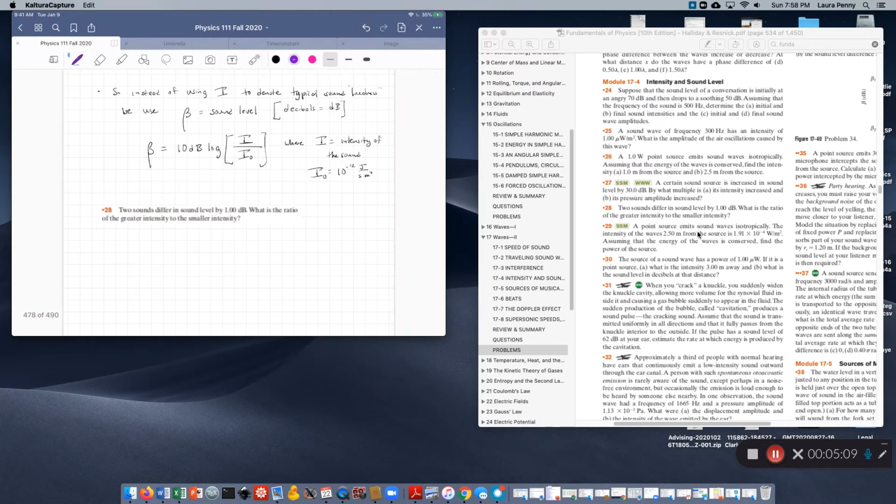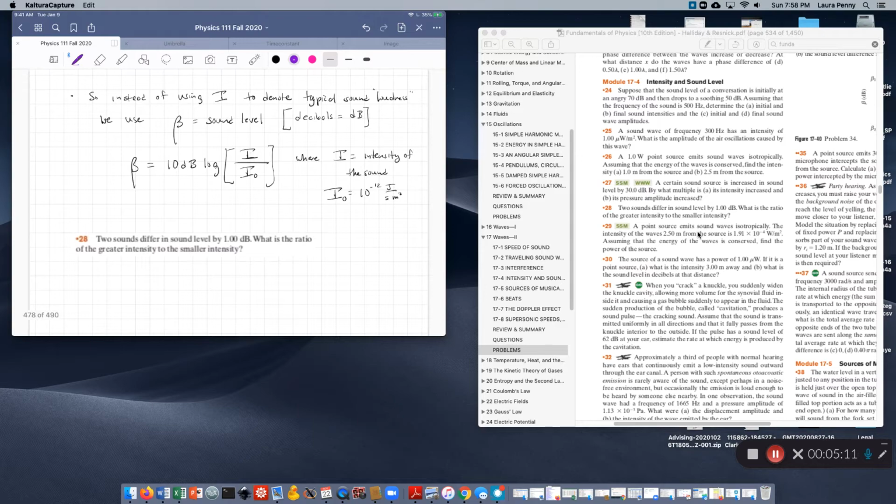The actual equation, instead of using intensity to denote loudness, which is what physicists are interested in, if it's not their ears. But as humans, we really talk about the decibels or the sound level.